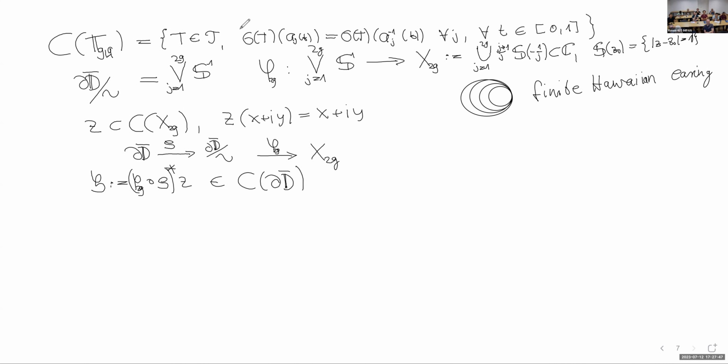We can have a look at it. It's a central spectrum. So, it's on the boundary circle, and we extend it: the extension of r e to the i theta, you multiply by r, so you have continuous functions on the closed disc. So we have our zeta on the boundary.